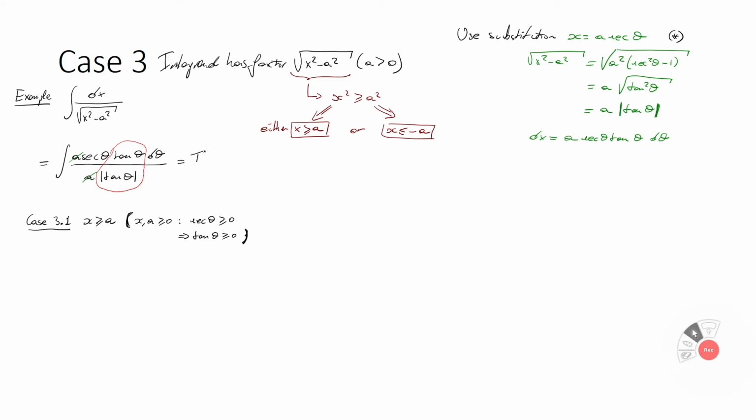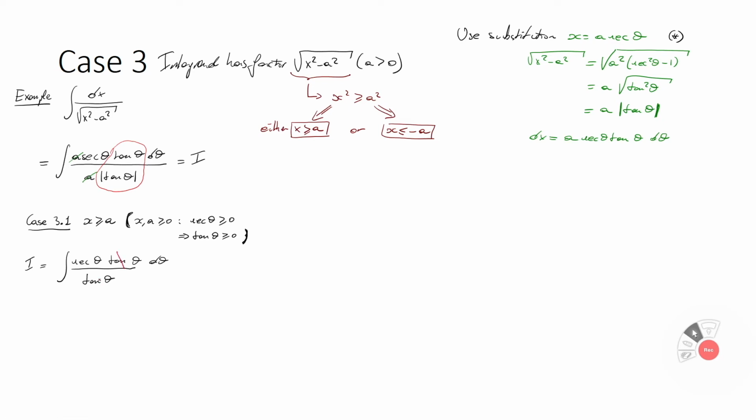And so if we call our integral I, then our integral becomes the integral of secant theta tan theta d theta divided by the absolute value of tan theta. Tan theta is positive, so that becomes tan theta.